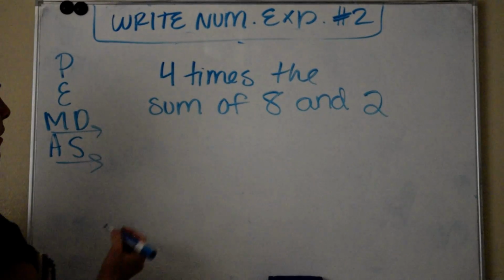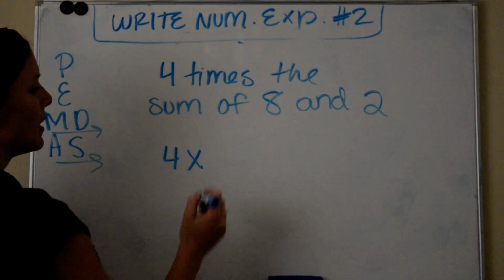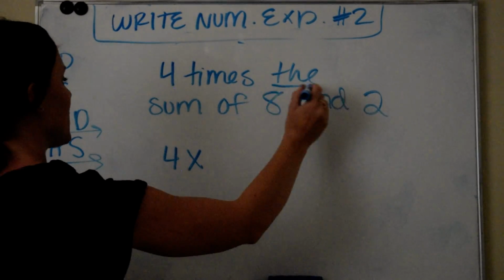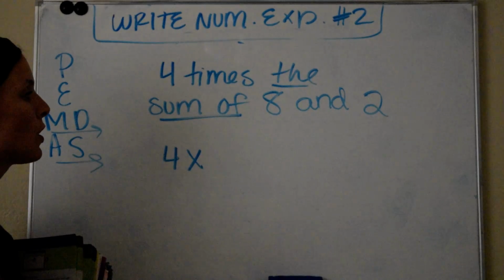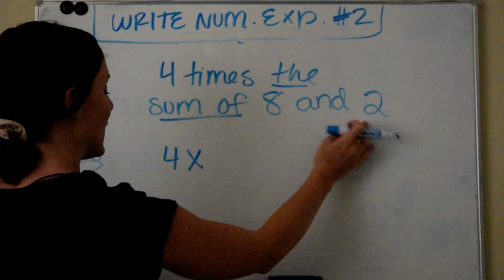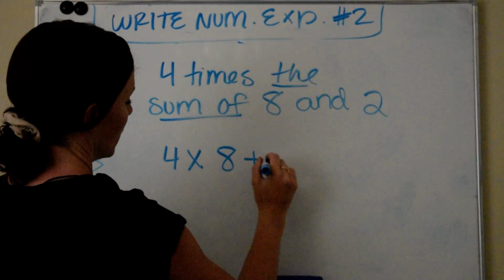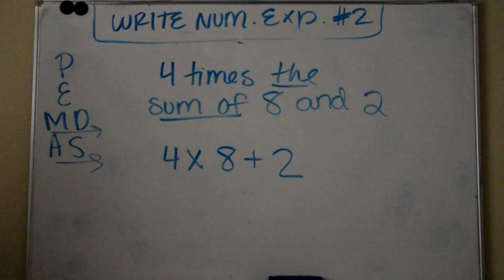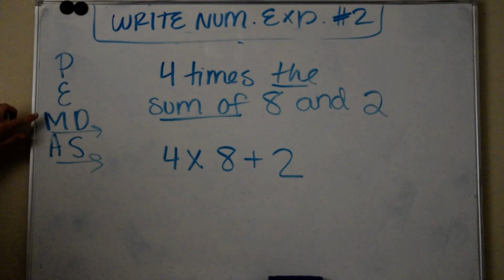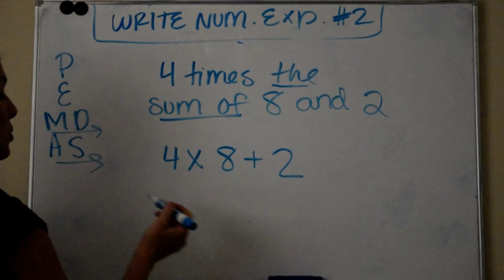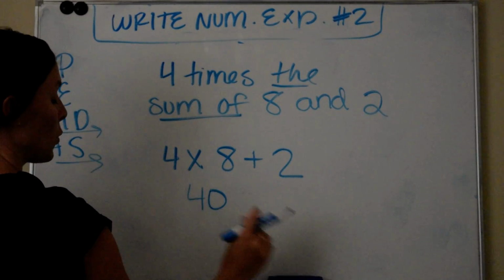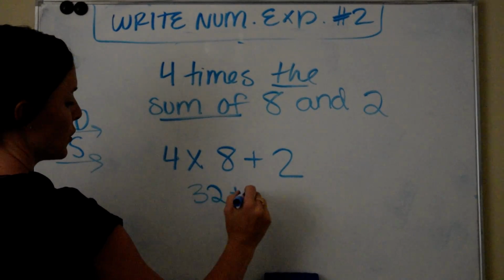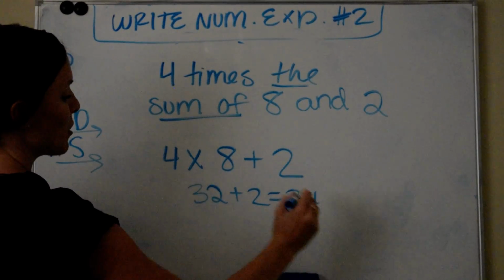But it says 4 times the sum of. When you see that, the sum of, they want you to go ahead and add 8 and 2, right? Because I have 2 different operations, follow order of operations, you would do multiplication first. So that would be 4 times 8, which is 32. And 32 plus 2, which is 34. So our answer would be 34.